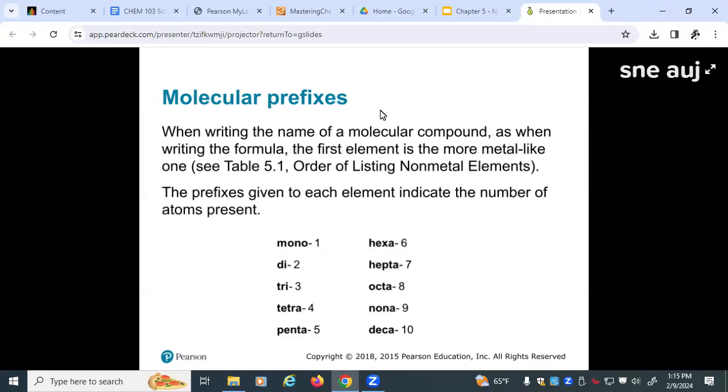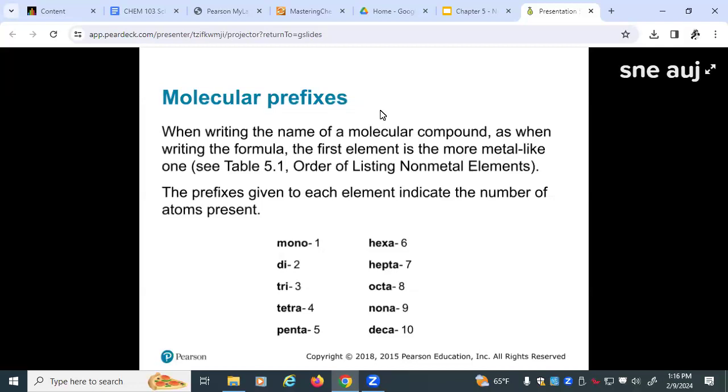Now you look at this list and you say, okay, that's 10 different prefixes. One thing that you should hopefully recognize, however, is that most of these prefixes are prefixes that you have seen before. Geometric shapes follow most of these kinds of forms.